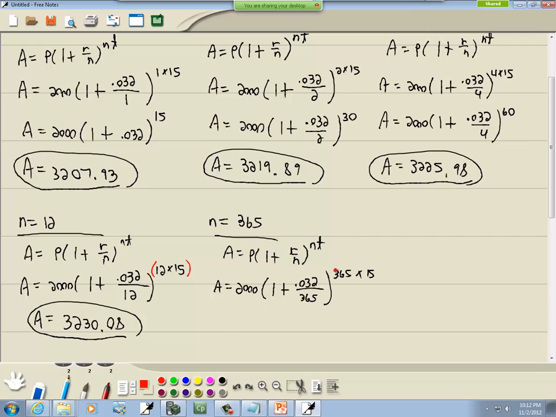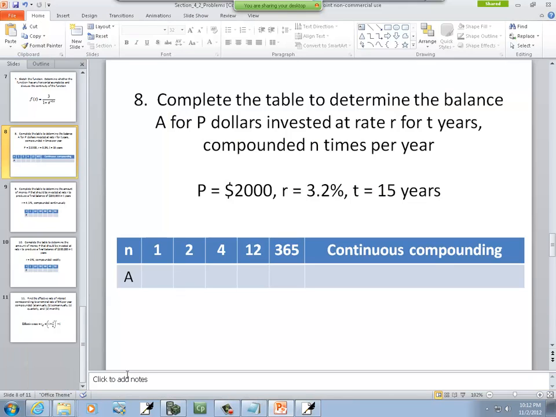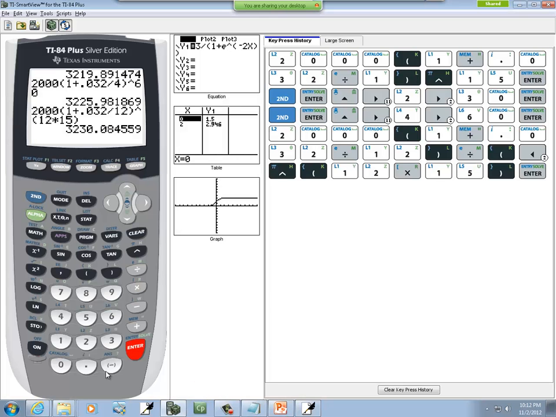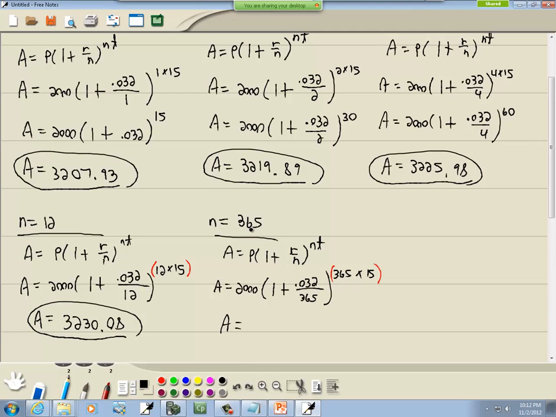Again, when I plug this in, I want to put parentheses around that. Now there is a way to insert by doing a second enter, bring up the previous entry on your calculator. It's probably just as easy just to type it in brand new though. So if it has more digits, like this has 3 digits instead of 1 digit or 2, then just type it in again.